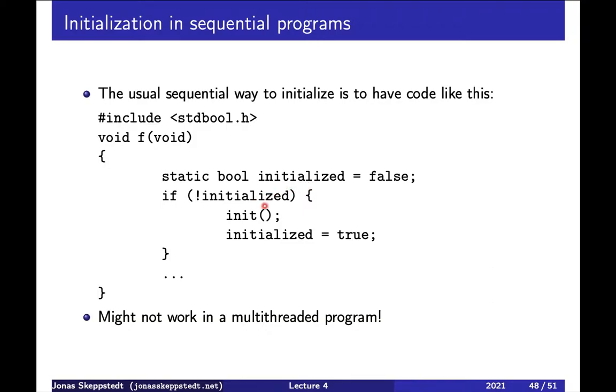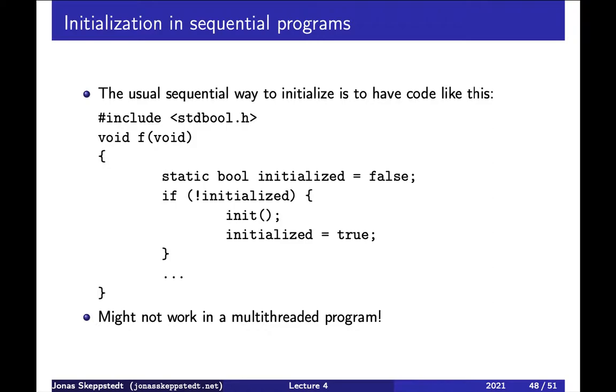So then we can do it like this, and what this means is that this static tells the variable to remember the value it has until the next time any thread comes to this function. So even though this is a local variable and we set it to false initially and then we set it to true, the next time somebody comes here it will be true.